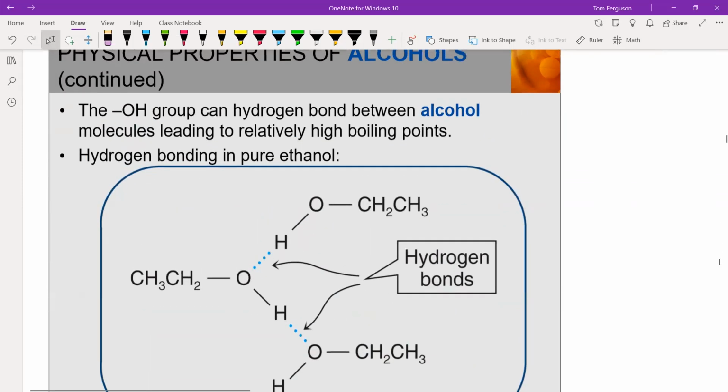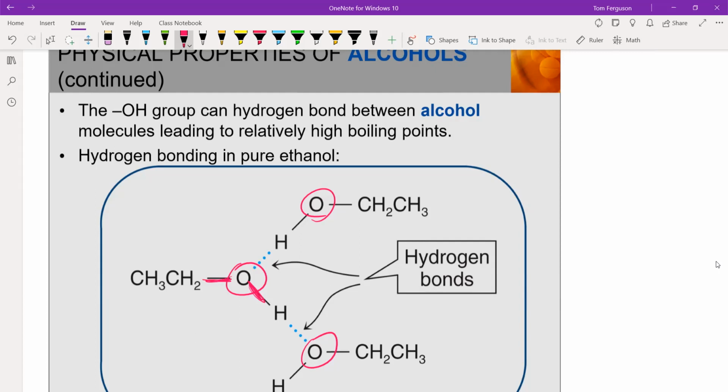Alcohols are very, very polar. It has to do with this oxygen here. That's what makes it polar. And the reason why it's polar is because the bonds are at an angle coming out of oxygen. So it ends up being kind of like a pointy arrow. And as I said numerous times over the course so far, nature likes symmetry.